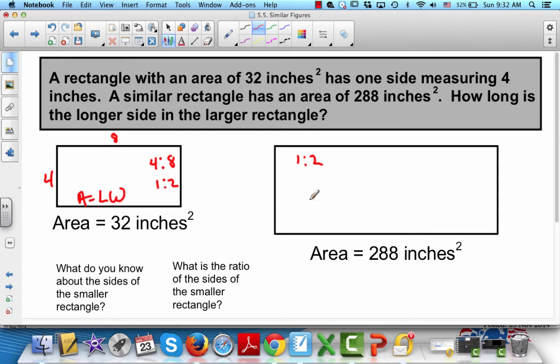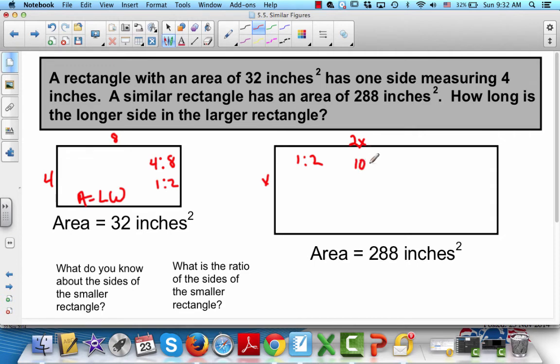So let's check. Something x, and this is going to have to be 2x because this is twice as big as this one. That times that has got to equal 288. Sometimes it's educated guessing that does this, until you have more information on how to solve things.